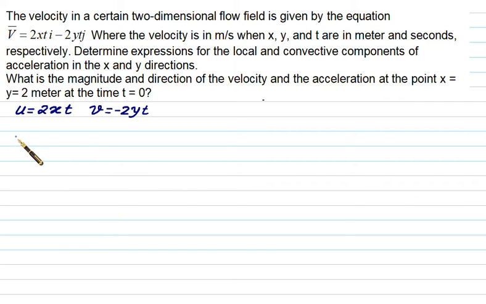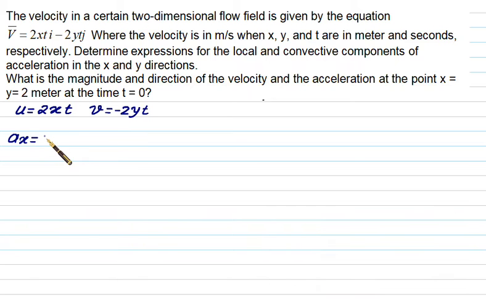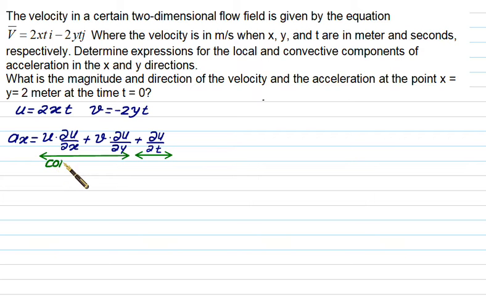So recall that ax, the acceleration along the x direction, is u ∂u/∂x + v ∂u/∂y + ∂u/∂t. The first two terms represent the convective acceleration and the last term represents the local acceleration.